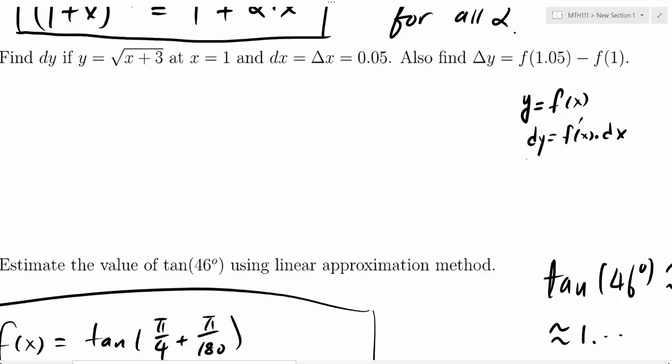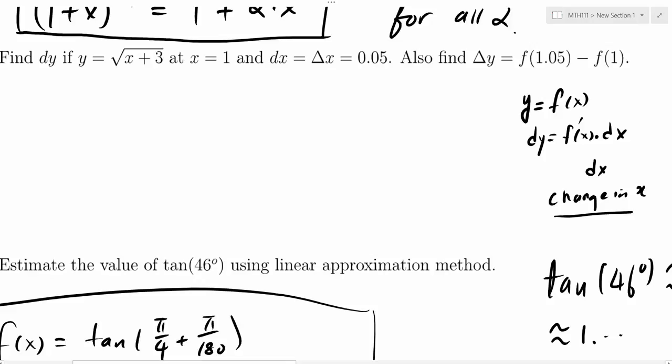So using this example, we can illustrate. Suppose you have a change in the value of x, and the change of this value is dx. So dx over here is a change in the value of x. So how much change you can have in the dependent variable y?